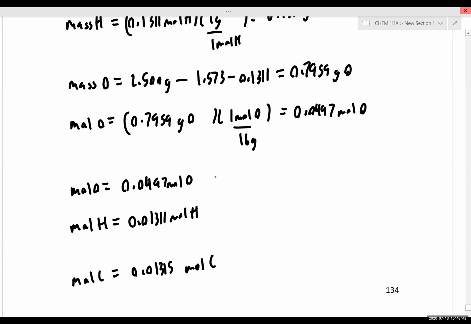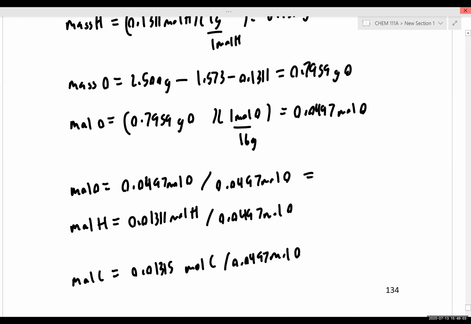So let's look at what happens if we divide by the moles of oxygen. If we divide by 0.0497 moles of oxygen, we get 1 mole of oxygen per every mole of oxygen.